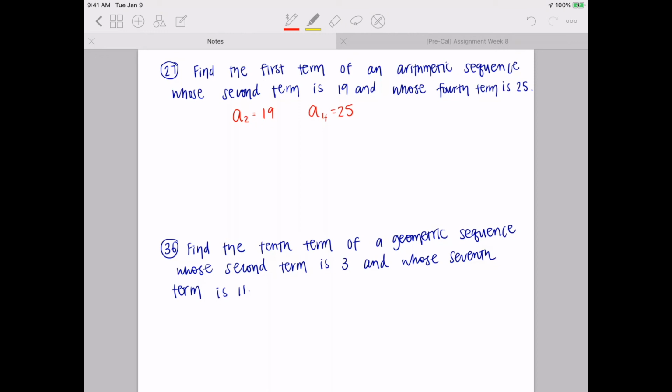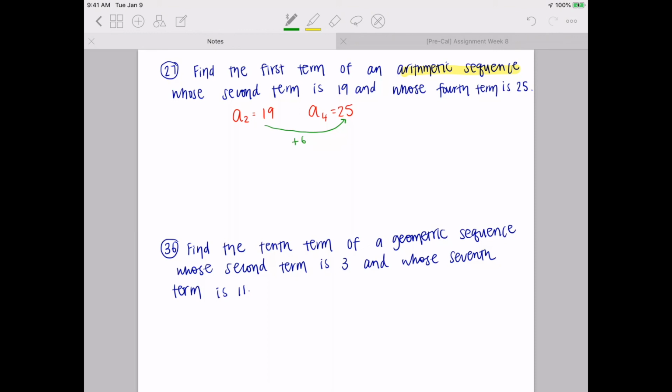And since this is arithmetic, you can use the formula or you can kind of use your common sense. Where like arithmetic, we're adding number. So how many numbers does it add from 19 to get to 25? That's adding 6, right?